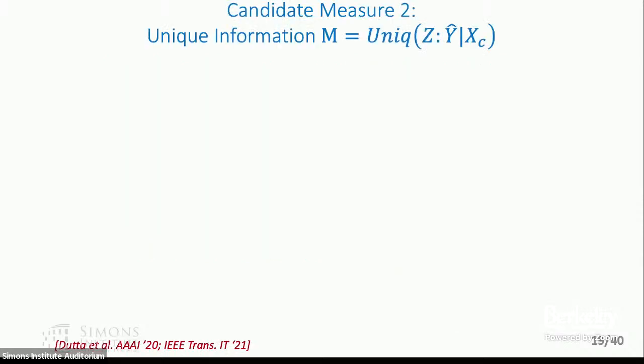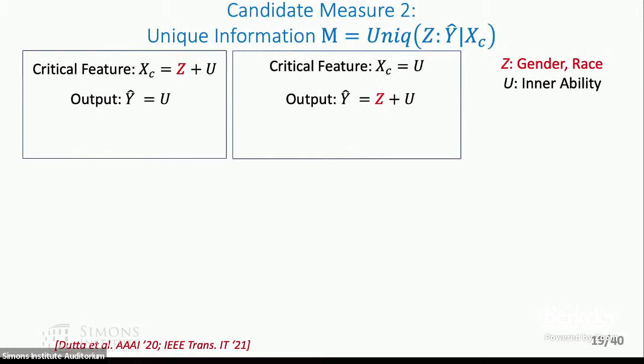So what is this unique information? Before formally defining it, I'll try to intuitively explain the idea through some examples. So we look at these two examples here.